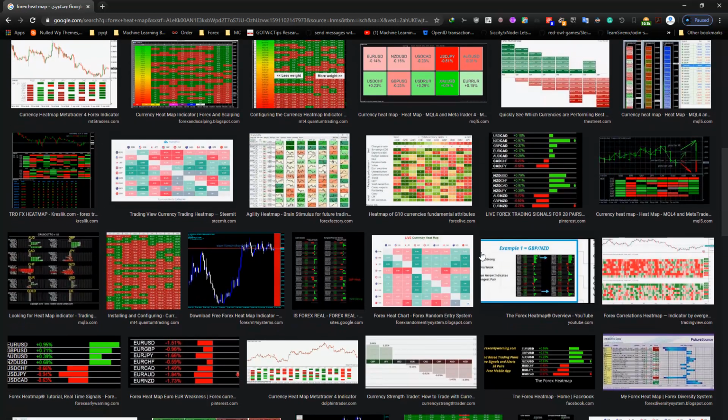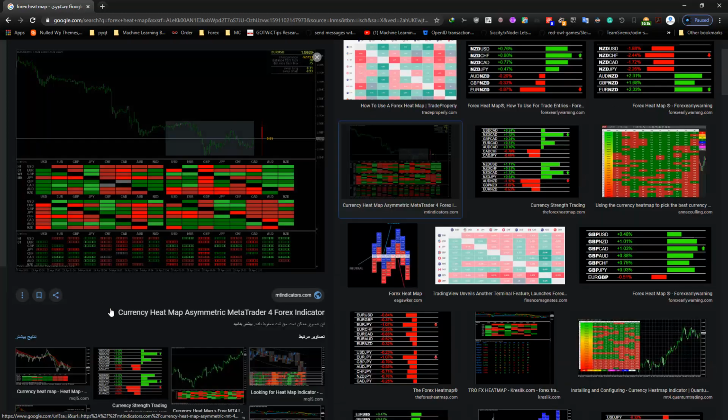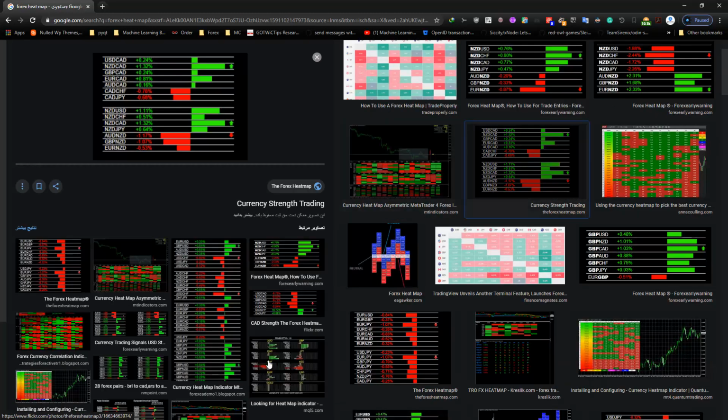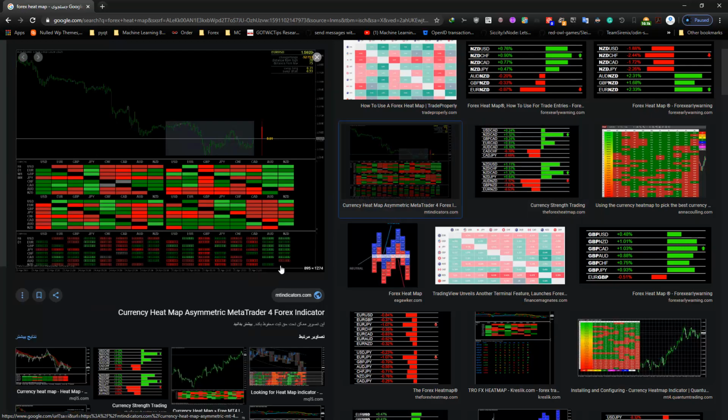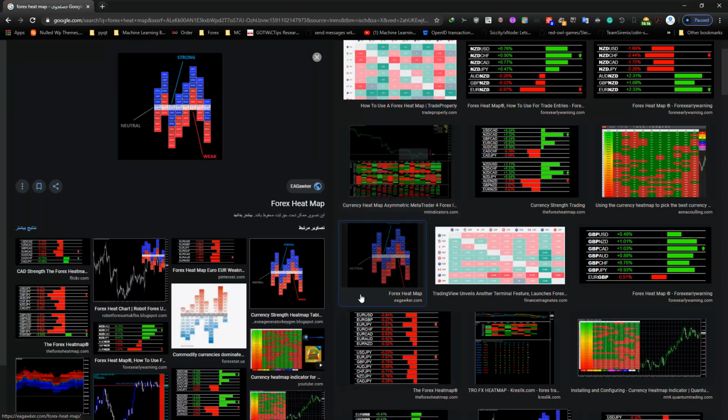Most of the time you see one of these 3 or 4 forms. To be honest, looking at it like this or like this is not very accurate. Or even this.